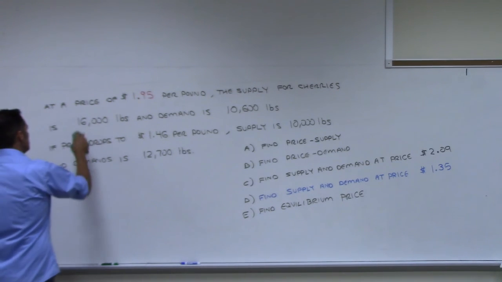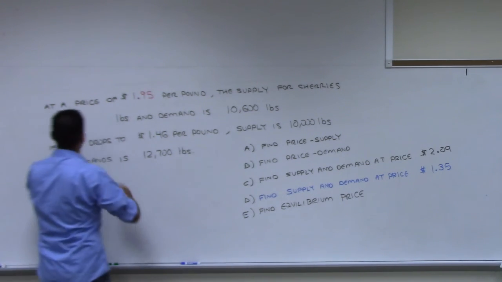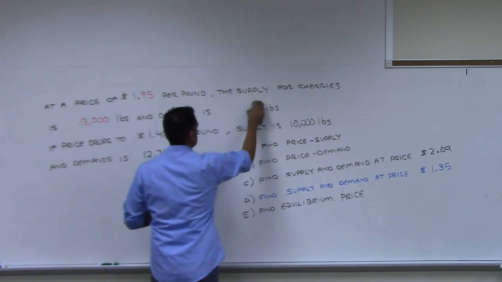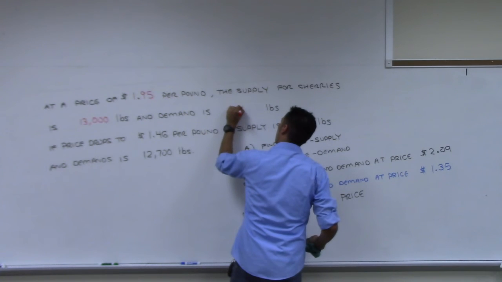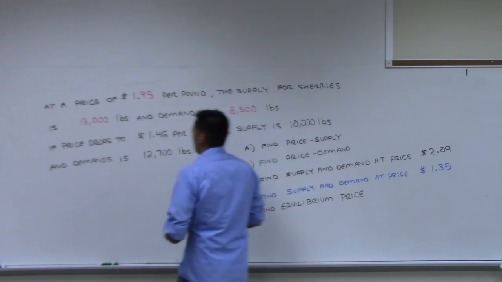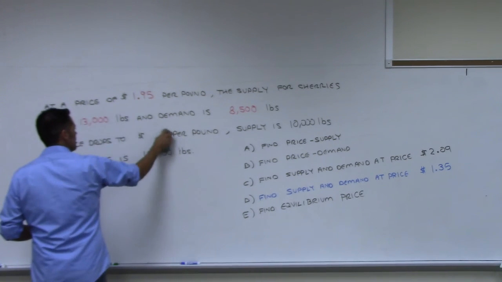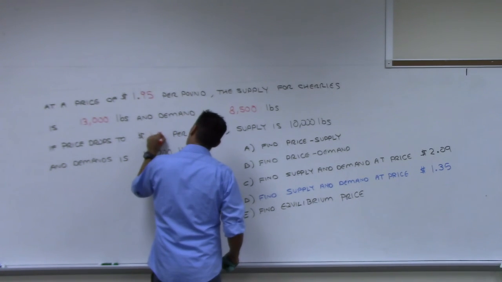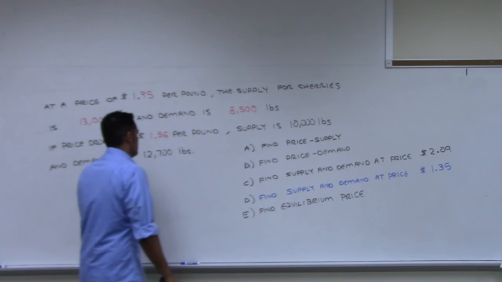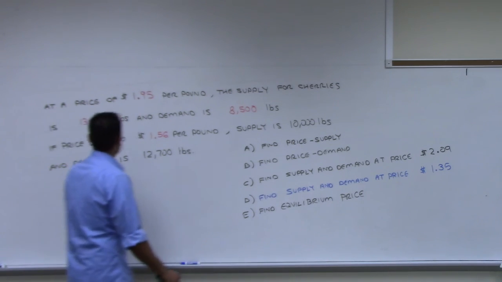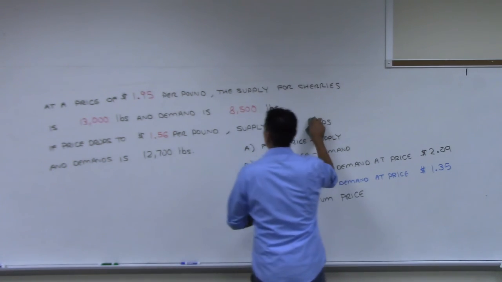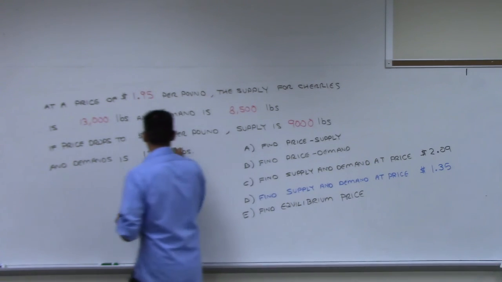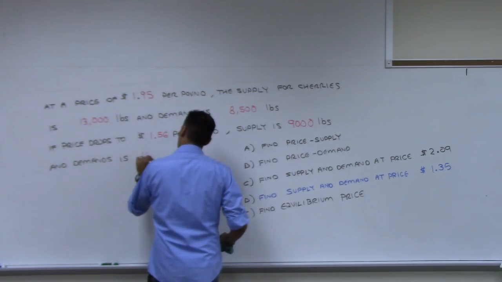And let's change this to 13,000 and this to 8,500. And then at 146, let's change that to 156. Let's change this to 9,000 and change this to 11,300.